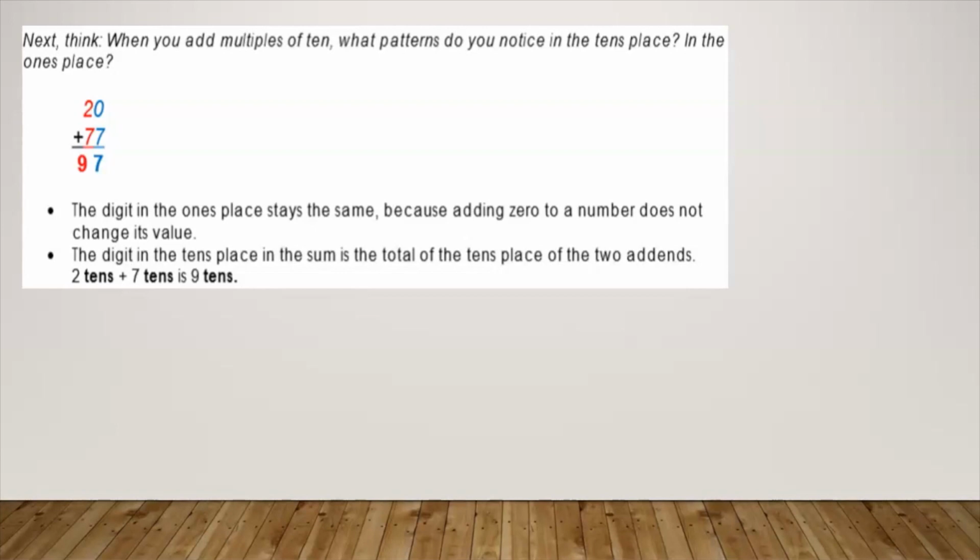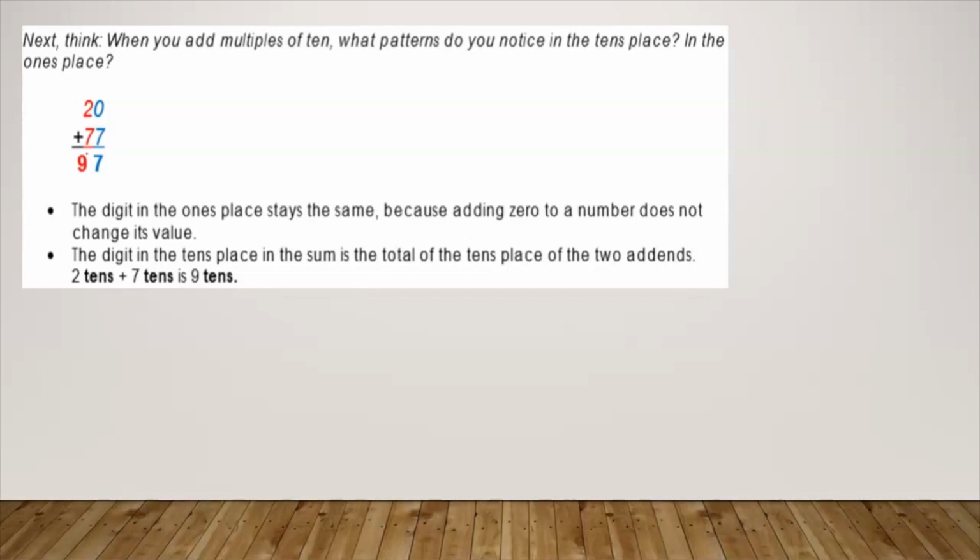So if you take a look here, again, when we're adding with multiples of 10, I have a 0 and a 7. And we know that anything plus 0 is going to be itself. So right away, I know my number is going to be ending with a 7. Then all I have to do is focus on my tens places. 2 tens and 7 tens is 9 tens or 90.